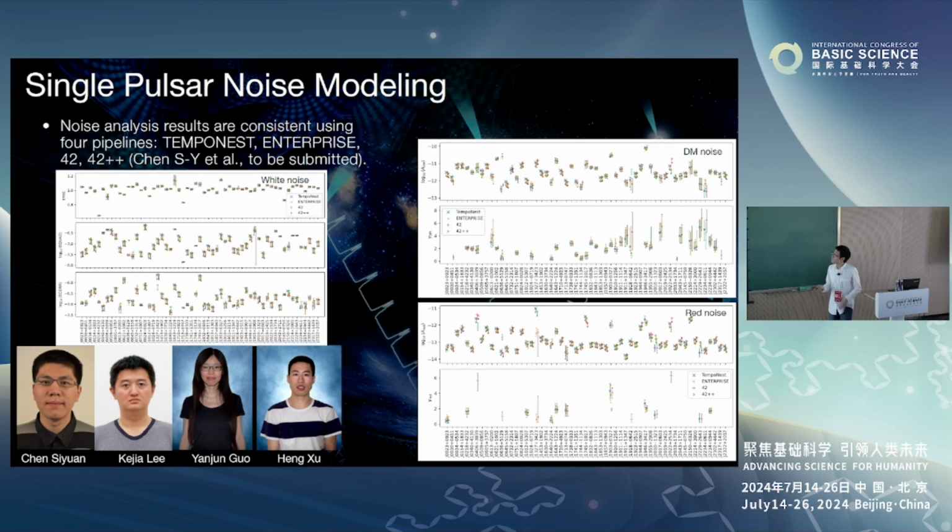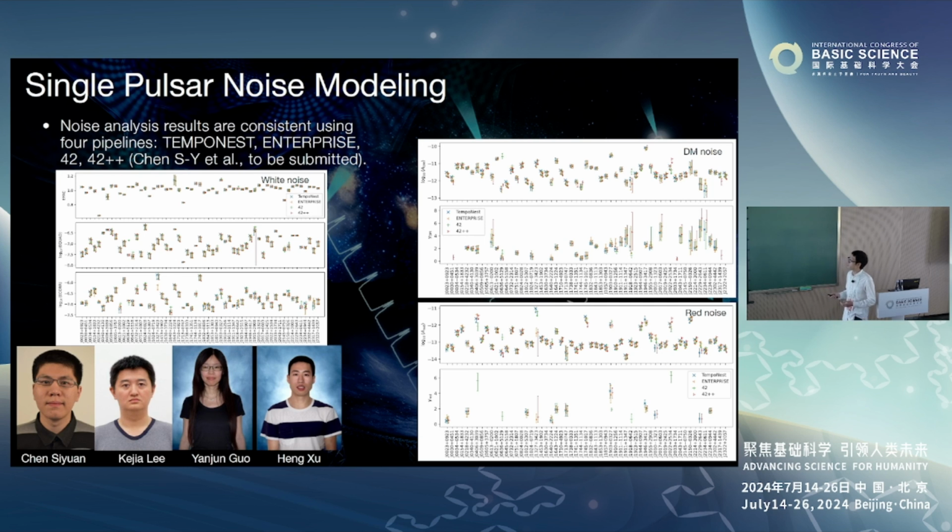And the next thing before we conduct the gravitational wave search is that we need to do the noise analysis of single pulsars. So we do very robust timing noise analysis work on the single pulsars. We use 4 different pipelines to do such noise analysis.